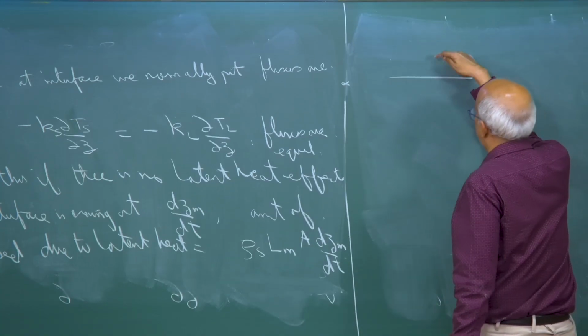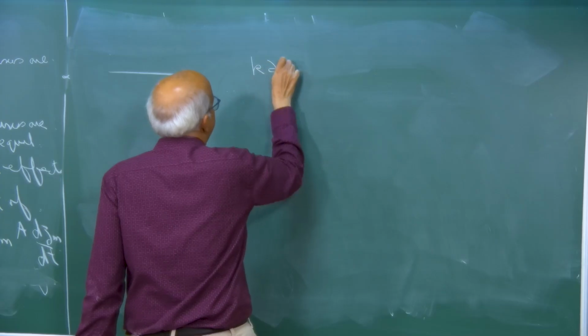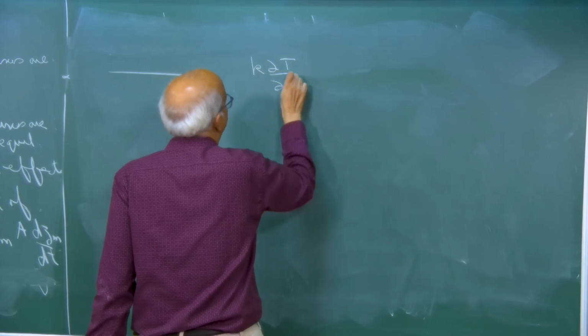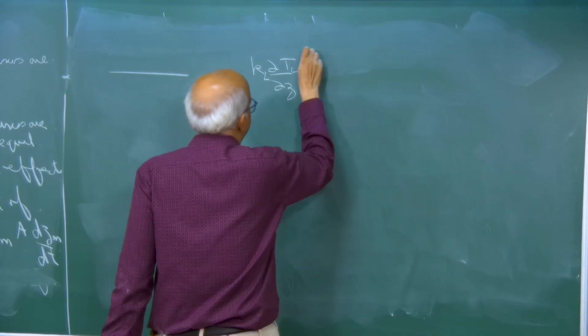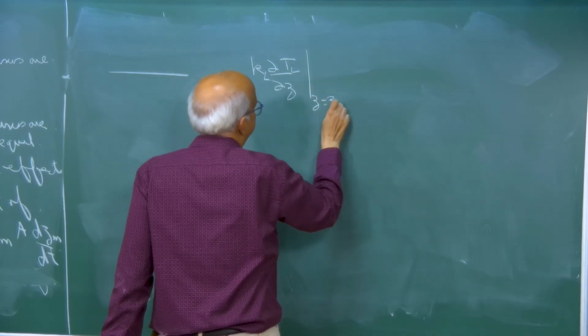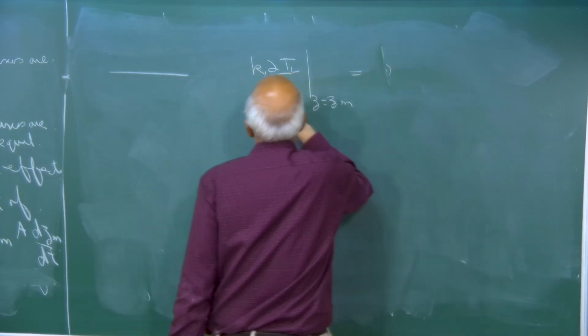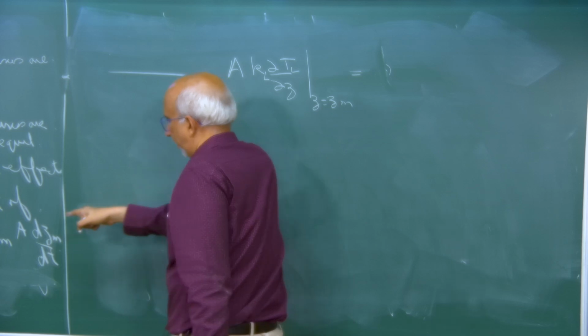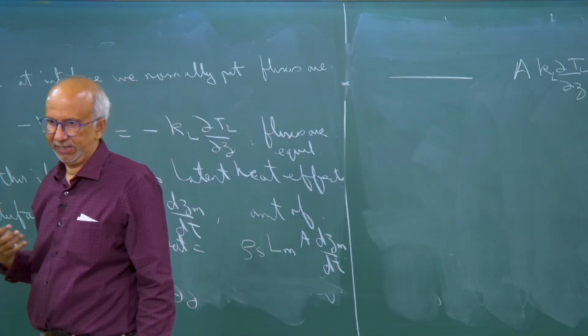So, the flux in the negative z direction is K dT dz. This is the flux in at z equal to Zm. This is the heat rate multiplied by area. Because I put an area there, I am interested in the total rate at which heat is coming.